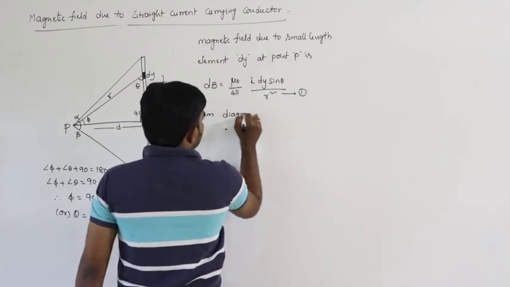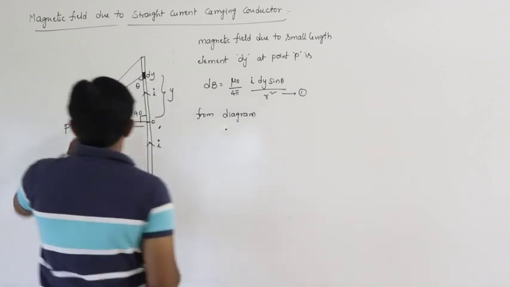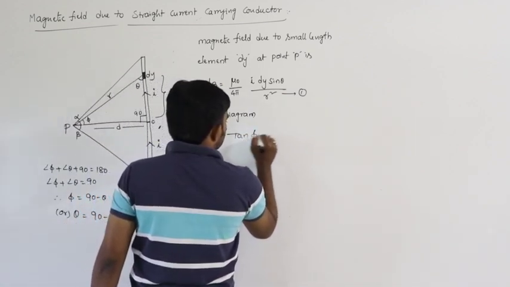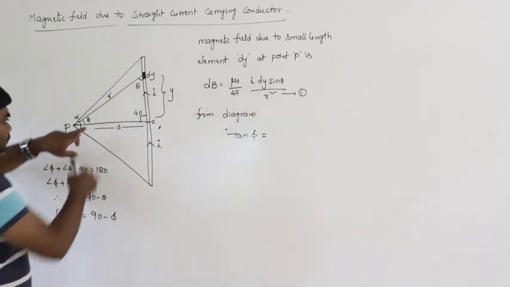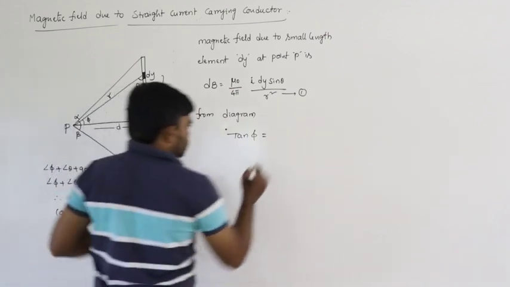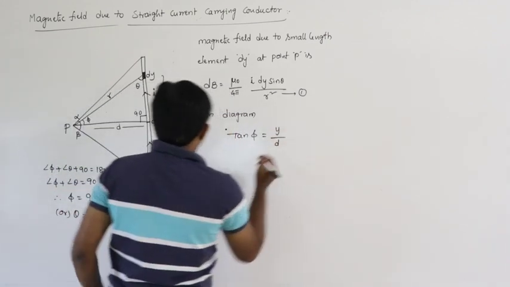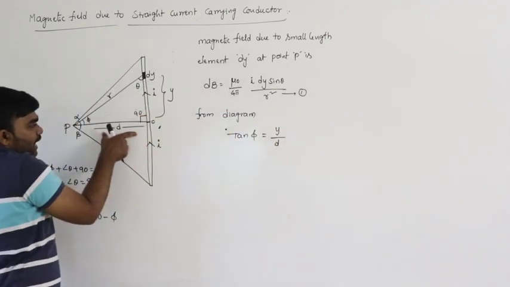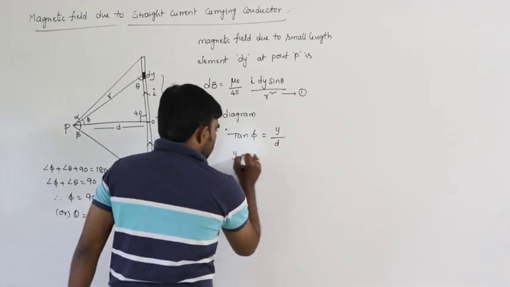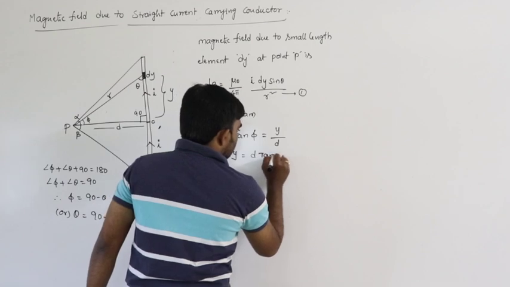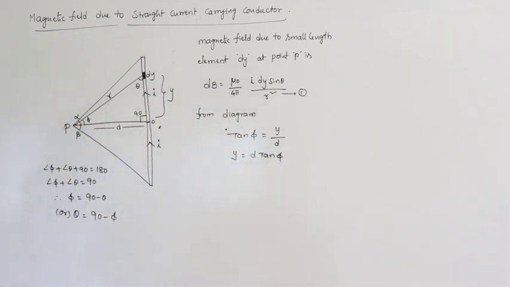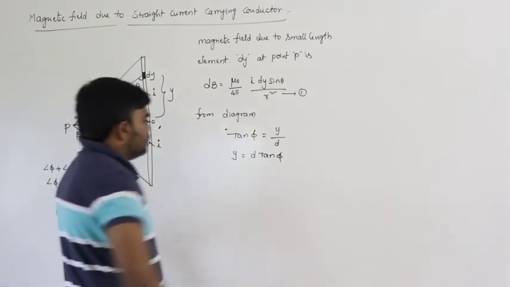So from the diagram we can write tan φ equals opposite side by adjacent side, that is y by d, where the opposite side is y and the adjacent side is d. So y can be written as d tan φ.